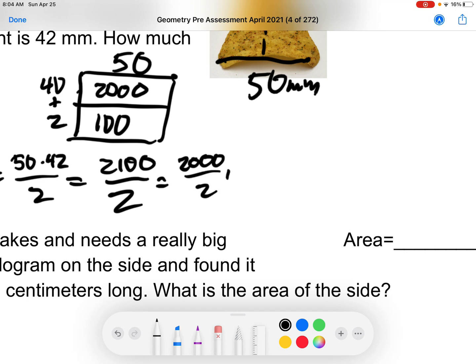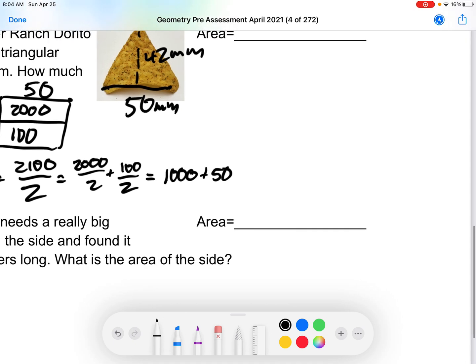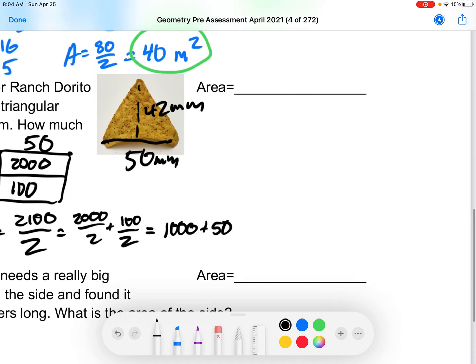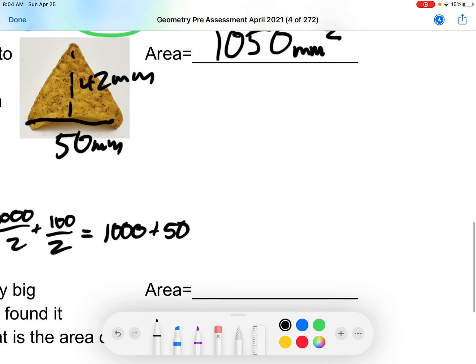So 2,000 divided by 2 plus the 100 divided by 2, and that equals 1,000 plus 50. So we would put that all together for a grand total of 1,050 square millimeters.